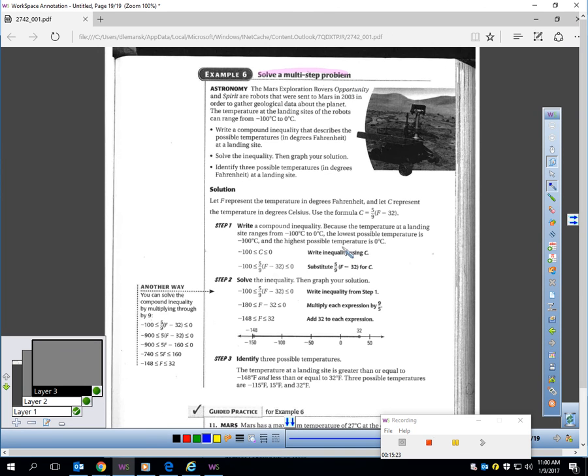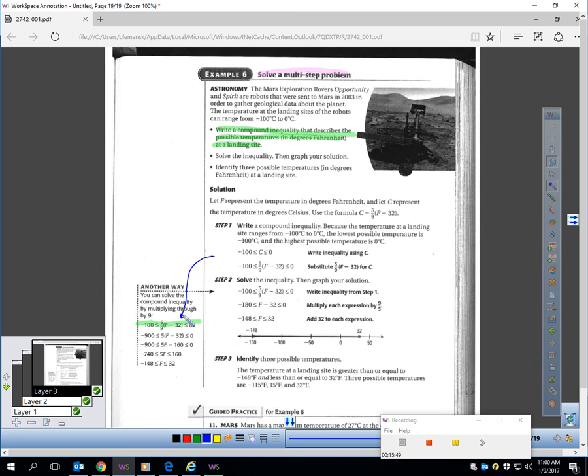They will have you do some story problems for this. Here's a problem. I'm not going to read it, but they want us to write a compound inequality that describes the possible temperatures in Fahrenheit. So I'll let you read that on your own, but you can see down here, write an inequality that will do that, and you might remember this.